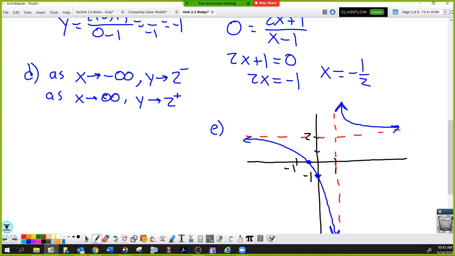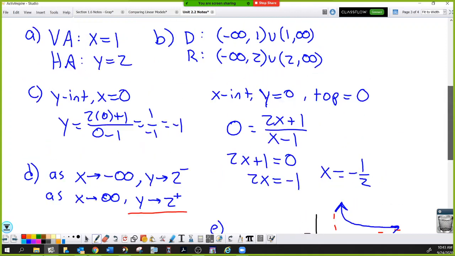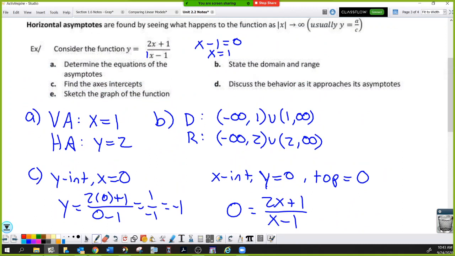So, Michael, because you and I talked about it, let's prove to everybody and ourselves that we knew this before we graphed. Cool? We plugged in the number 10 quadrillion, right? The top of this fraction ended up being 20 quadrillion and 1. The bottom was 10 quadrillion minus 1.